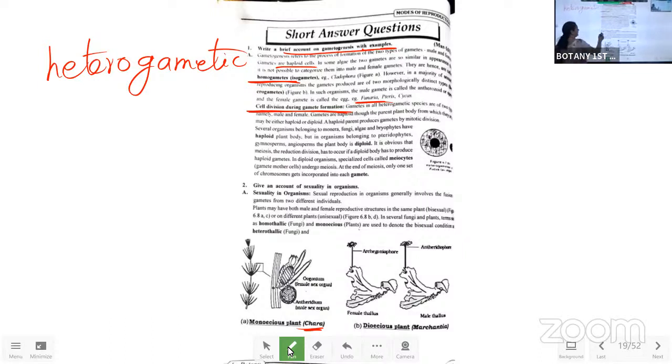Okay, and sometimes the haploid parents will be present. The parental body is haploid. Then also they will produce gametes by the meiotic division.